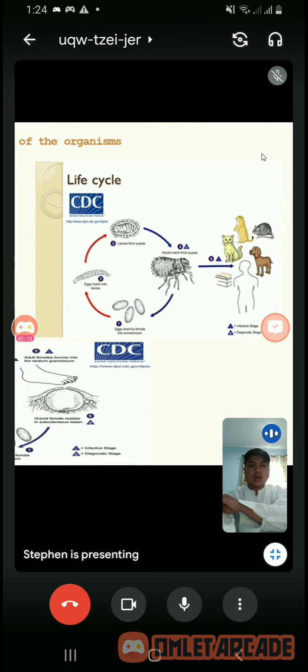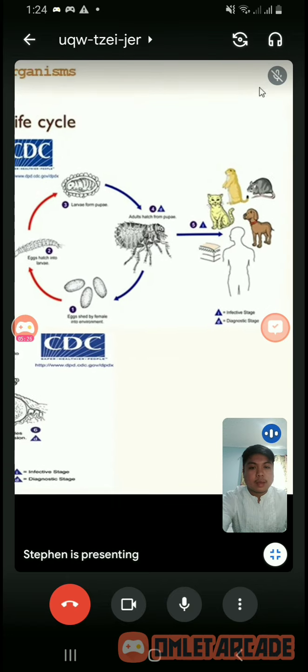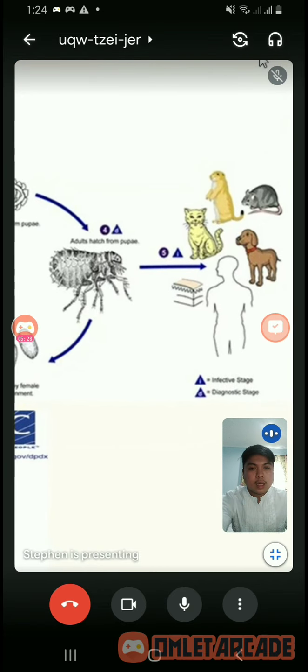So, sinong nakakaano sa word na pupae? Ito yung tama nga kayo. Ito yung nakikita natin sa paru-paro bago siya mag-bloom, bago maging adult. So, maging adult na, saka ito mamiminsala sa, so nakikita niyo yan, may tao, aso, pusa, rodent, daga.